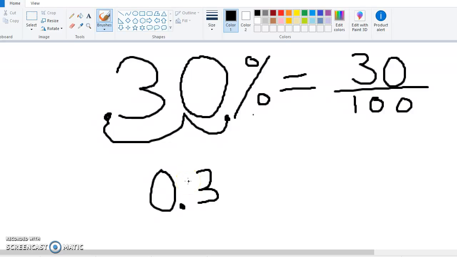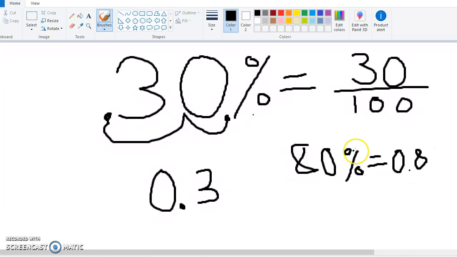So for example, if you have 80%, please excuse my handwriting on this paint, but if I have 80%, that will then equal 0 as my placeholder, 0.8. And same thing for 60%, it'll be 0.6.